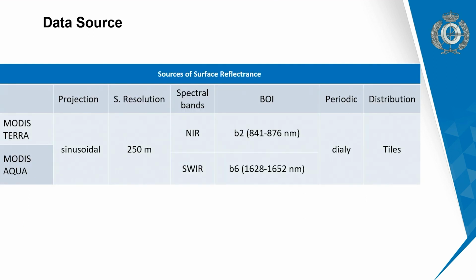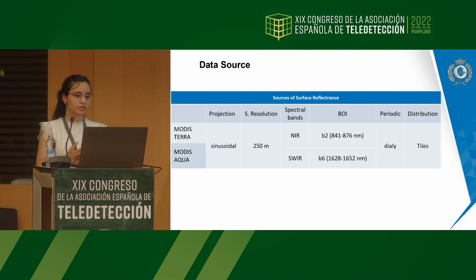So MODIS is one of the most widely used sensors, and it has many applications because of the good trade-off between the spatial, temporal, and spectral resolution. But it's one of the optical sensors, and they suffer from one global problem, that is, they are dependent on the meteorological conditions.